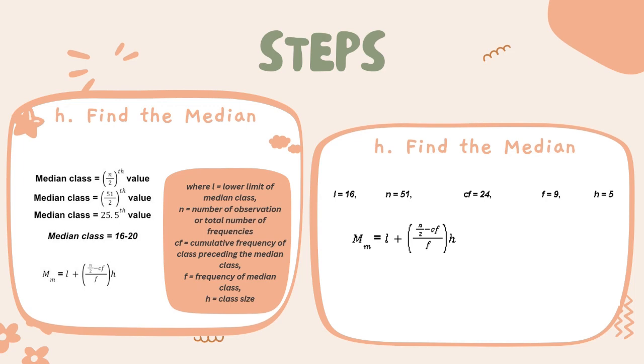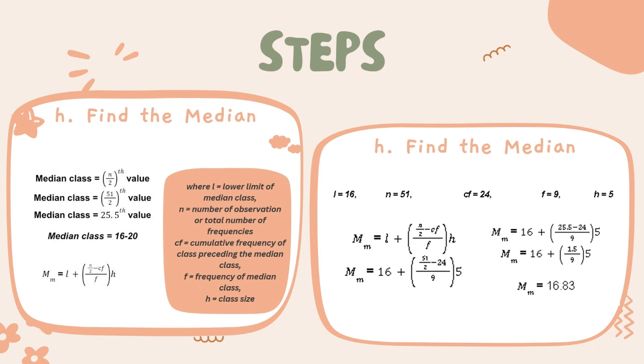After we substitute, we will compute. 51 divided by 2 is 25.5, minus 24 is equal to 1.5, divided by 9 is 0.166, multiplied by 5 is equal to 0.83, and adding 16 is equal to 16.83. Therefore, our median is 16.83.